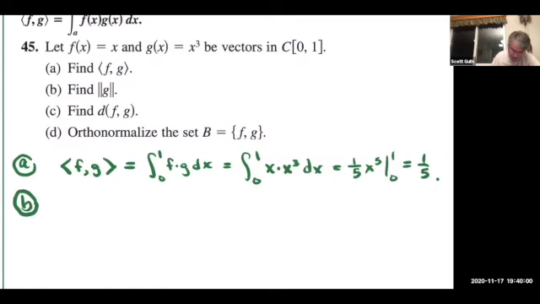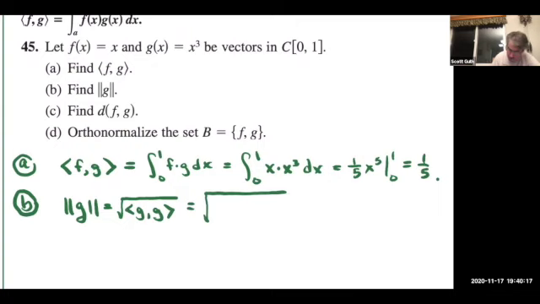Let's do B. The magnitude of g is the square root of the inner product of g with itself. So this would be the square root of the integral from 0 to 1 of g times g. g is x to the third, so this is going to be x to the third times x to the third dx, like that.